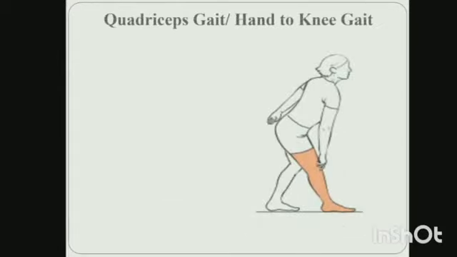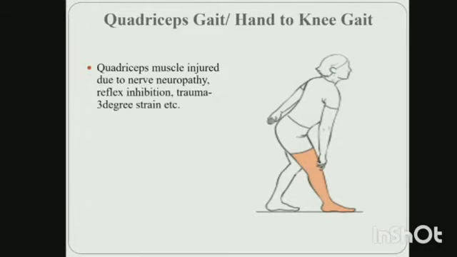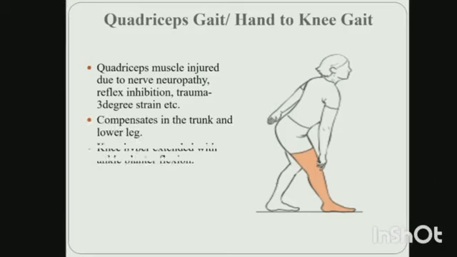Now, this is the quadriceps gait, which is also called hand to knee gait. The quadriceps muscle can be injured due to nerve neuropathy, reflex inhibition, and third-degree trauma strain. Compensation occurs in the trunk and lower leg.